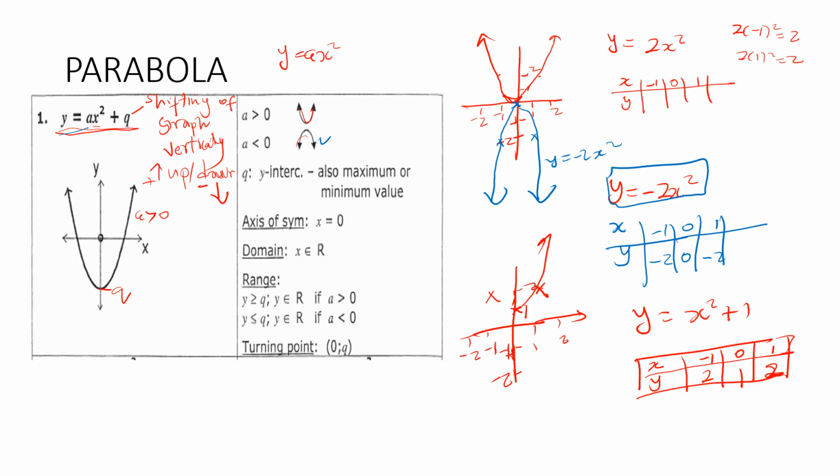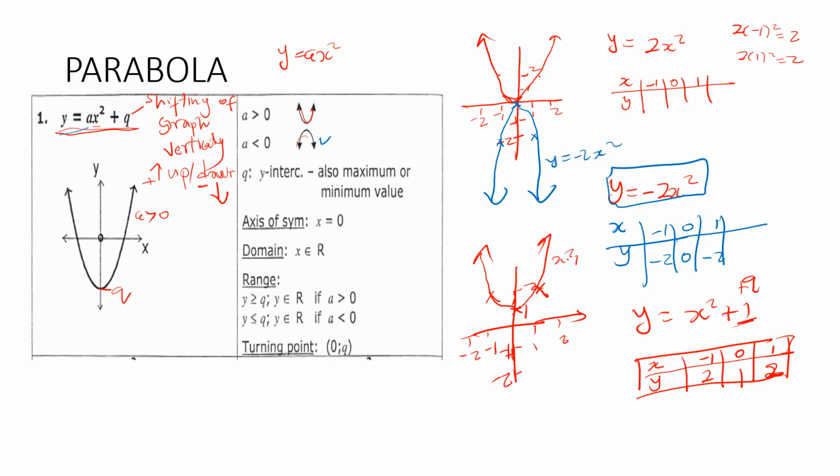So this will be the shape of the graph here, like this. So now can you see that adding this will be q, and this is plus 1. So it means the graph will go up 1 unit, or by the value of q that is being put there. So that's why the graph is being shifted up.